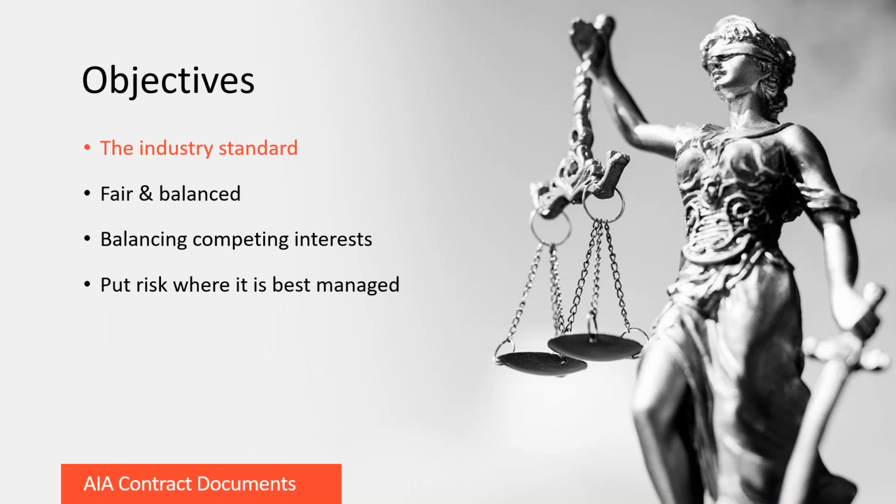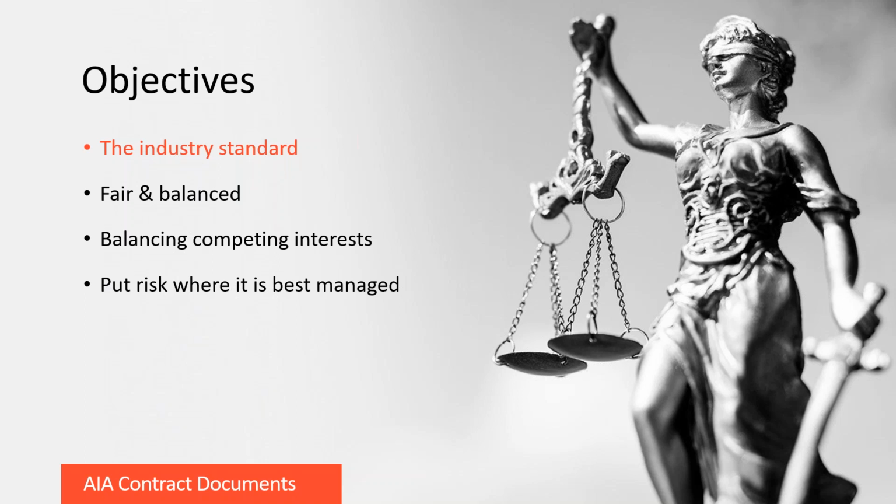Some of the goals of AIA contract documents are to provide resources for the industry at large. And that was really how this program started many years ago, was that if there's no one trying to provide industry standards, then it can be difficult for the parties to create the forms when they're ready to start a project.